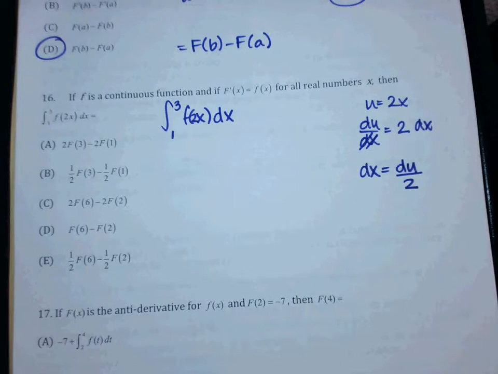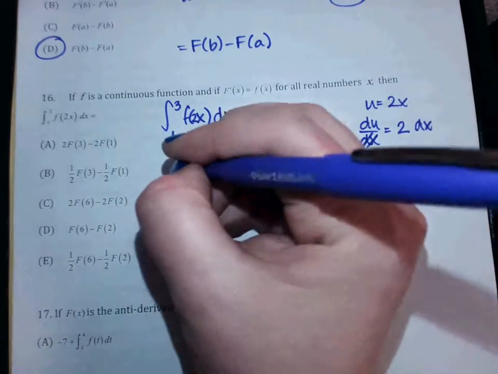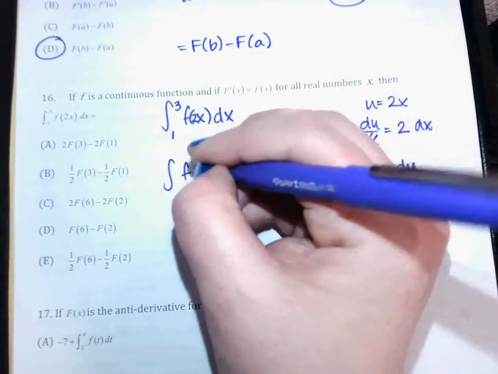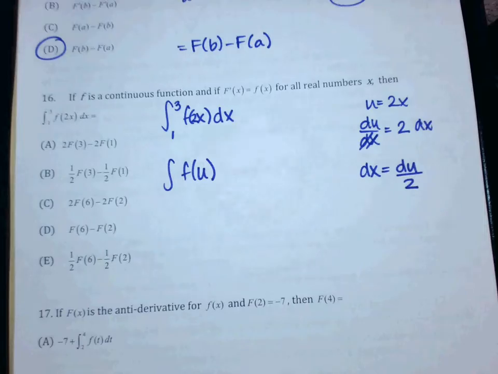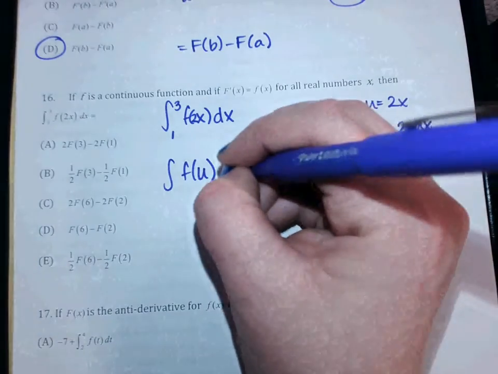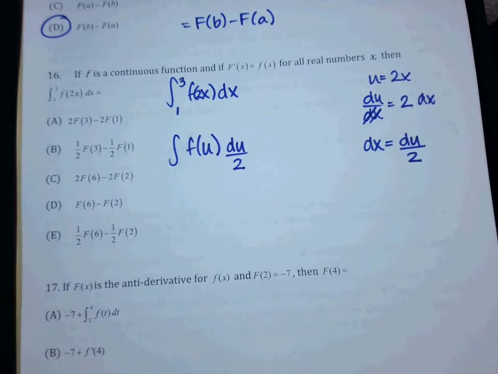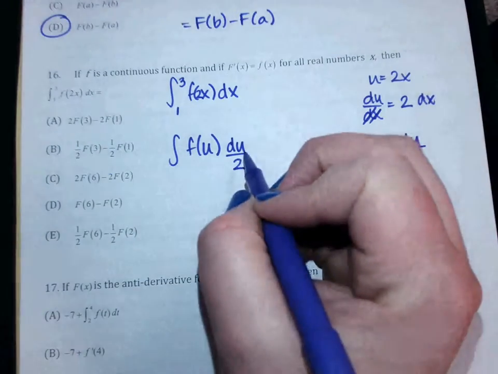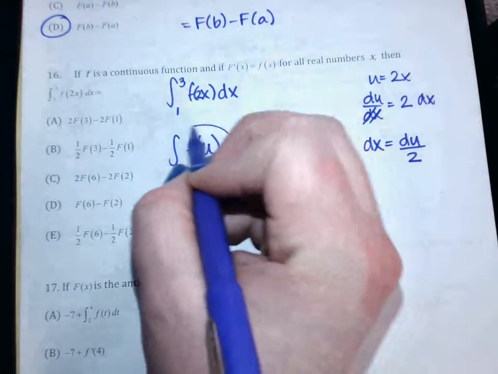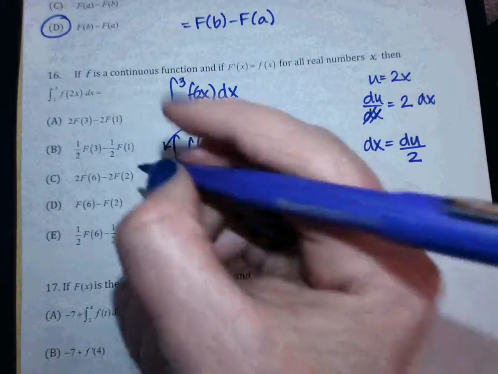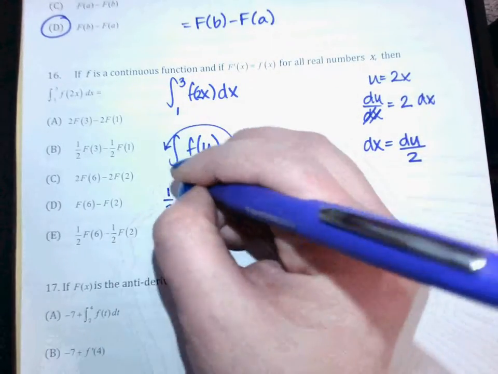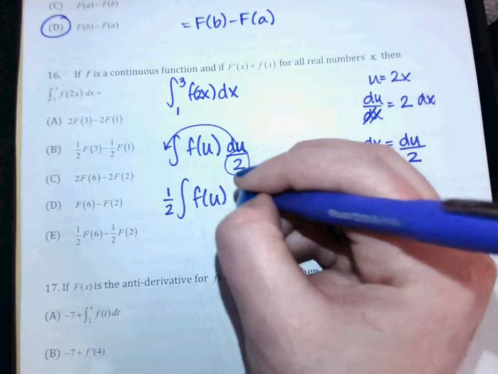That part you should be fine with. So my integral now is f of u and then du over 2. So far so good? Okay, where is my over 2 going to move to? Outside. So now it's a 1/2 integral f of u du.